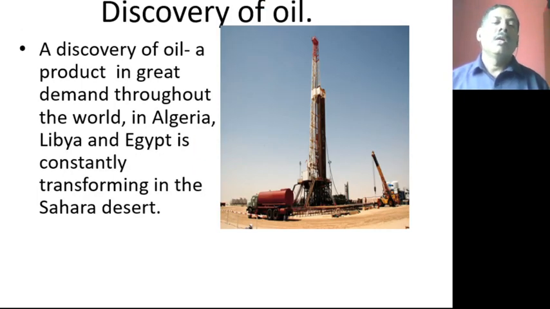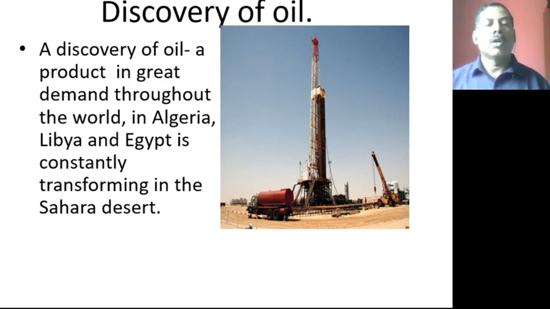Now coming to the discovery of oil. So too much heat is there. Wherever the hotness is more, you can discover oil. So the discovery of oil, a product in great demand throughout the world, in Algeria, Libya and Egypt. Oil refineries are there in Algeria, Libya and Egypt.